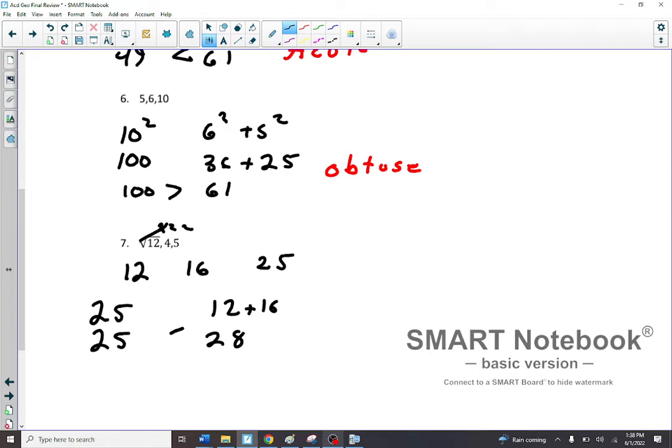Oh, 28 is bigger than 25. So there's no squares anymore. You squared it first, so you don't have to square it again. You know what I mean? All right. So 25 is smaller, my bad. So that's acute because it's smaller. And remember, acute is smaller, obtuse is bigger, right is the same, equal. All right, I'll leave that up for 30 seconds.